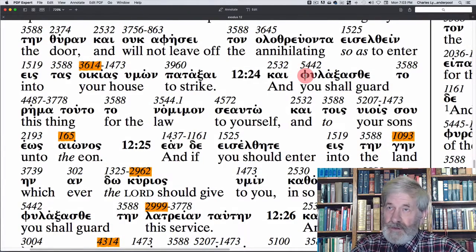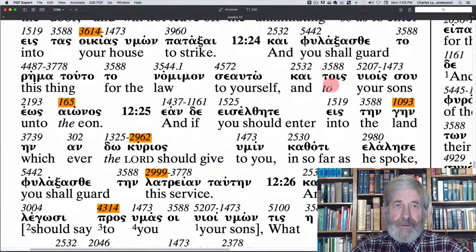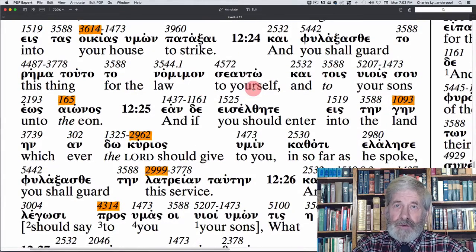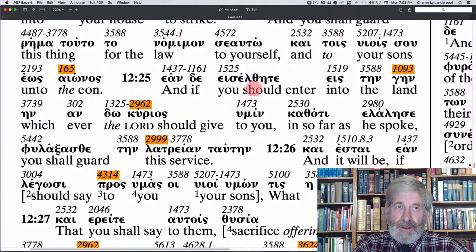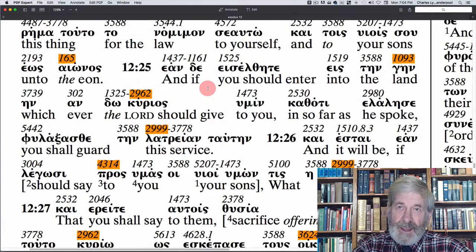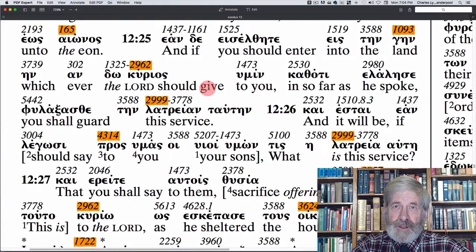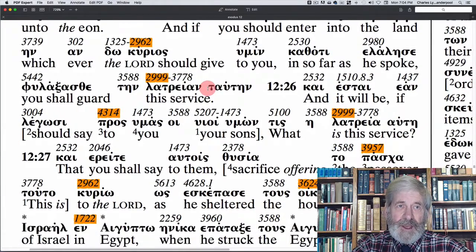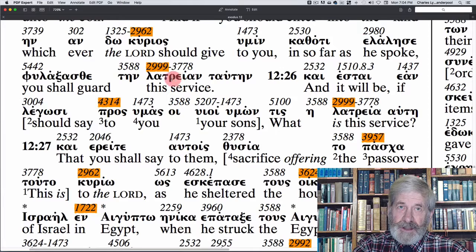So he's going to continue annihilating, but not going to that house. And you shall guard this thing as a law for yourself and for your sons unto the aeon, eternal. And if you should enter into the land of Canaan, which the Lord should give to you, insofar as he spoke, you shall guard this latreia.